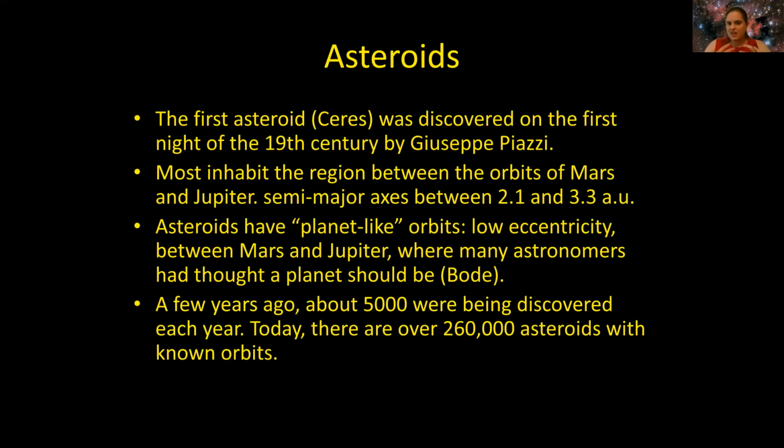So they think that should have been a planet once upon a time, but astronomers believe that maybe it's the gravitational pulls from Jupiter and the sun that caused it to not form. A few years ago, only about 5,000 of them were being discovered each year, but today over 260,000 asteroids with known orbits exist, and we're finding more and more with newer technology.